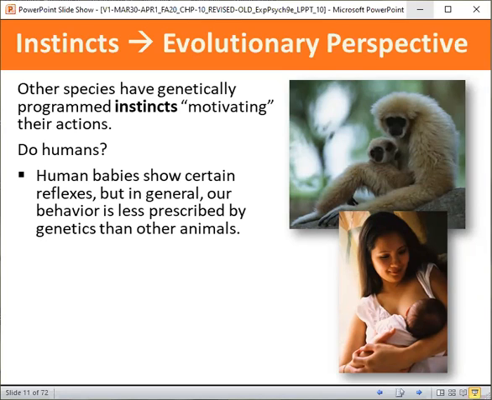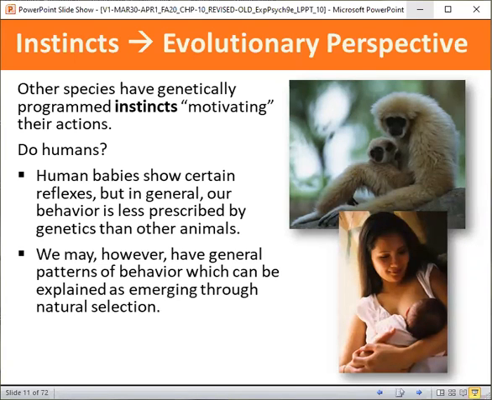So we don't have these instincts that dictate how we're going to behave. And if we did have them, we are smart enough to try to ignore them. We do things all the time which are contrary to us being healthy. Okay, we know that most animals are going to do things that will make them live longer and be healthier, and survive the way they're sort of programmed to, but not necessarily the case for humans.